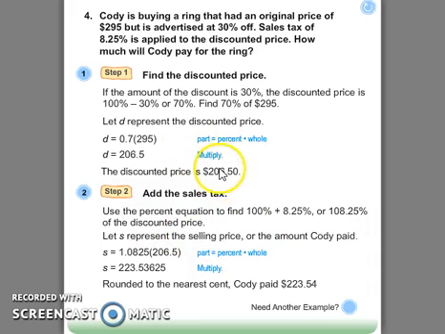So I go back to my answer from step 1, turn my percent into a decimal, and multiply that by the whole amount that they're asking me to pay. I get my part that I pay, 223.53625, but we know that money never goes out that far in decimals, so we need to round to the nearest cent, which brings that 3 up to a 4, and Cody pays $223.54.